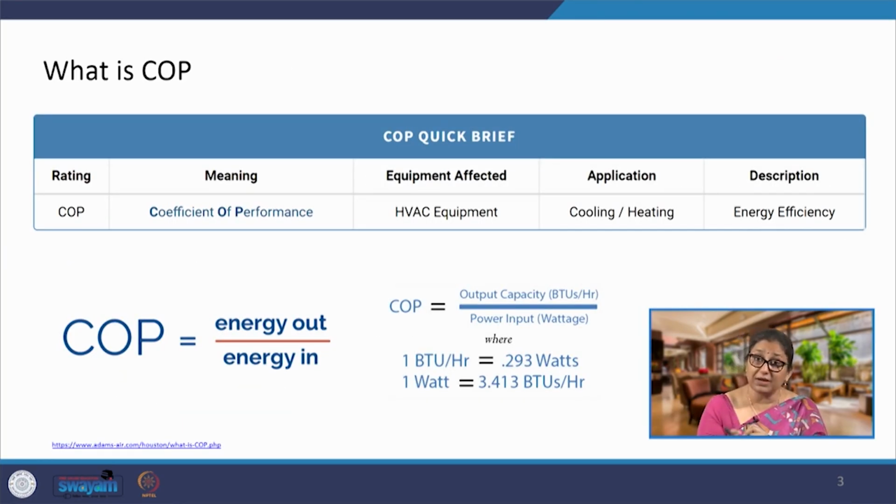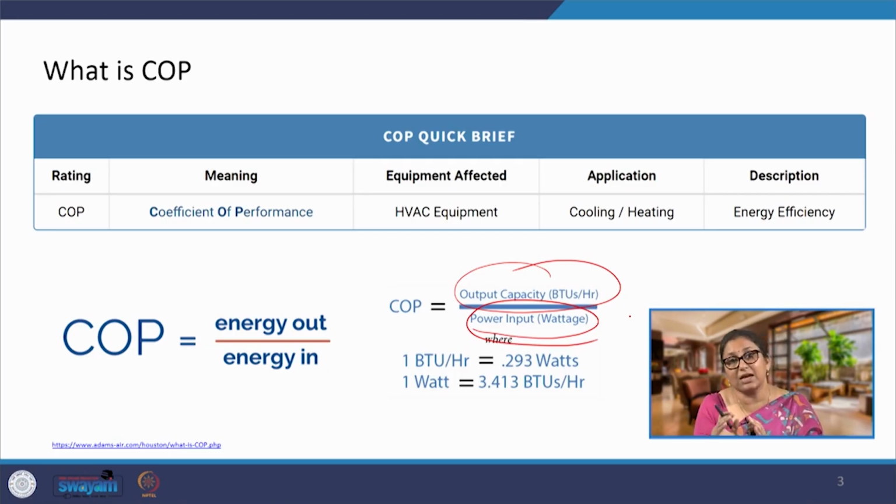Now, what will affect the energy consumption of an HVAC system is its coefficient of performance. So, what is the coefficient of performance? It is the output capacity, how much heat it is able to extract or provide, divided by the power input, how much electricity it has consumed to do that much job.